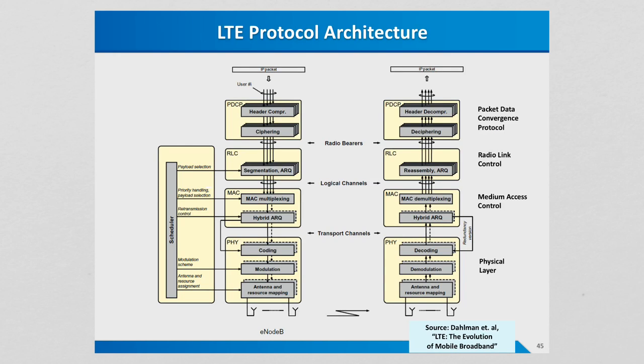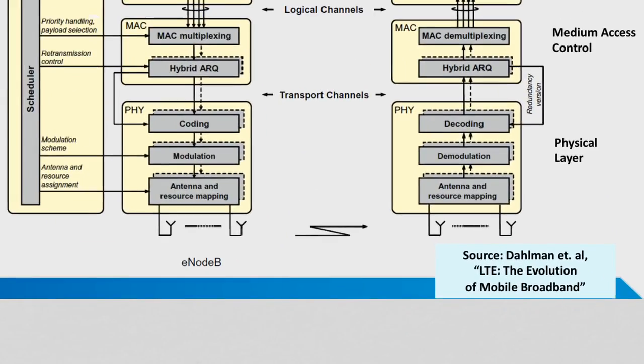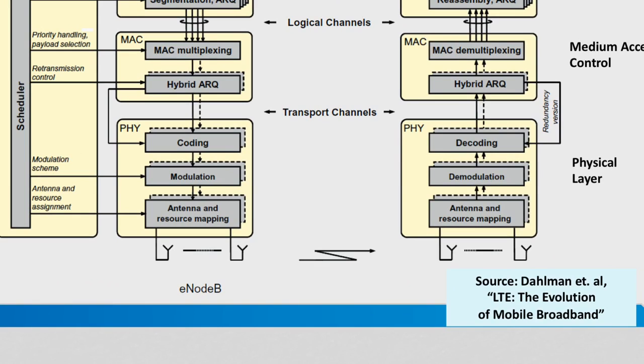Here's another look at the protocol architecture, and you have an E-node B over on the left. The right is a UE, and you can see down here at the low level you have the physical layer. What's going on inside the physical layer includes some coding, that's your air control coding and modulation, antenna resource mapping, and you have the complementary procedure on the other side of the channel.